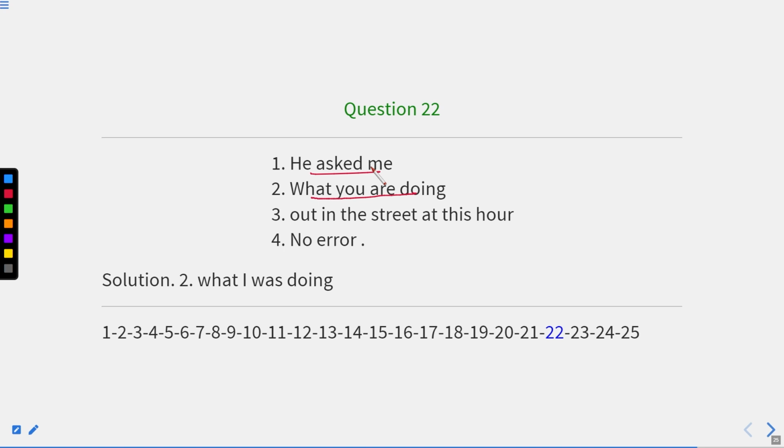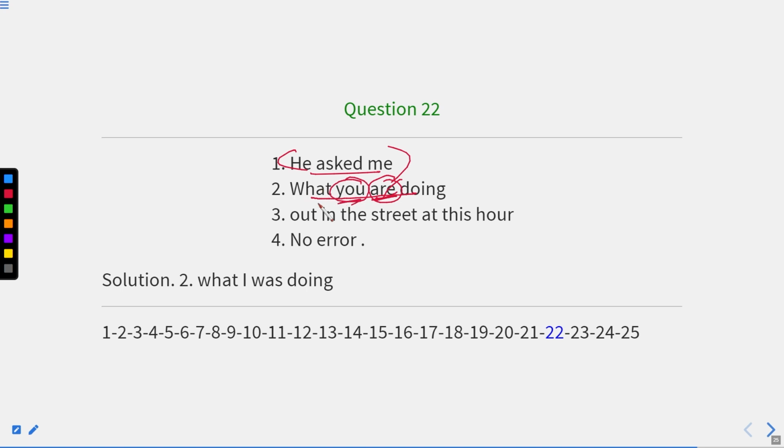Because every present tense we convert into past tense in an indirect speech, unless we have the reporting verb in the present or future tense. So this is actually the conversion of the reporting verb part. So first of all this word is incorrect, we should write was.